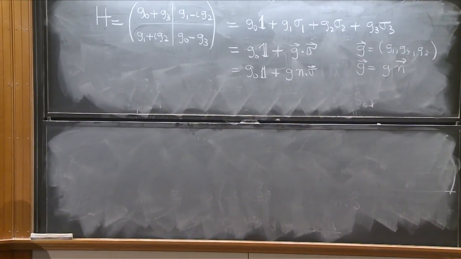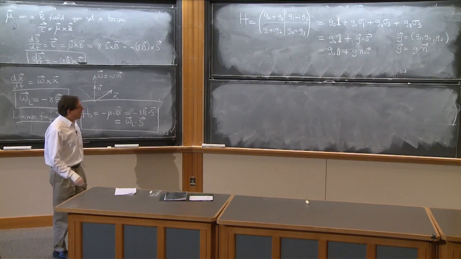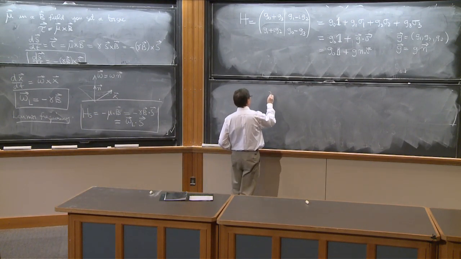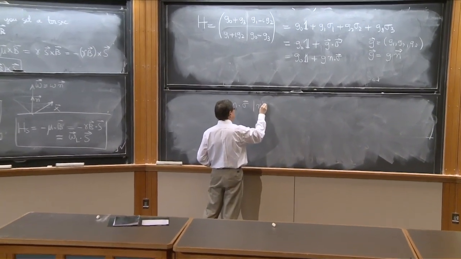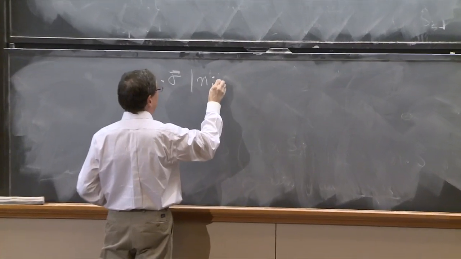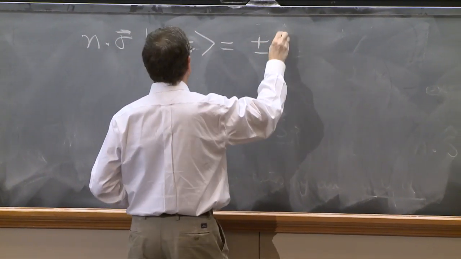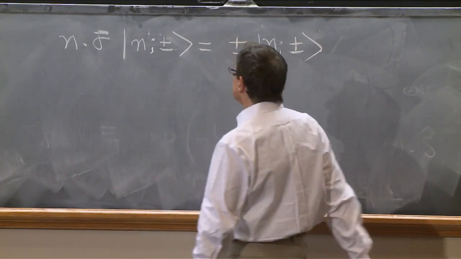But you've done all that work. It's already been done. What were the eigenstates? Well, for n dot sigma, the eigenstates were the spin states n, plus minus, and they were plus minus n comma plus minus.